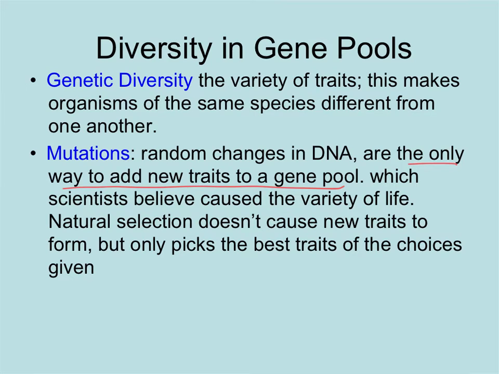They believe that random mutations are what caused all the variety of life forms that we have today. Again, natural selection doesn't create new traits, but it takes the traits that you have and picks out the best ones. Mutations are the only way to add a new trait into the gene pool or to make the gene pool bigger.